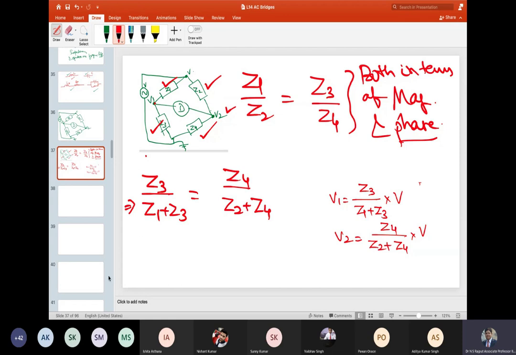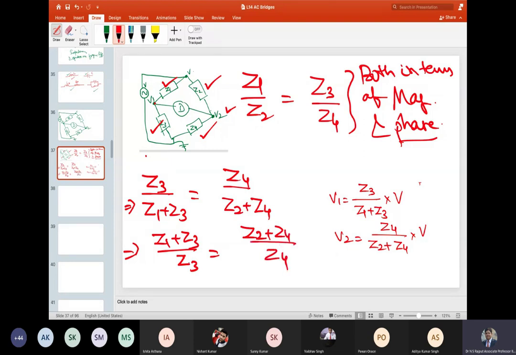And while I solve, I can just invert it. So if I invert, I can write it as Z1 plus Z3 by Z3 is equal to Z2 plus Z4 by Z4.